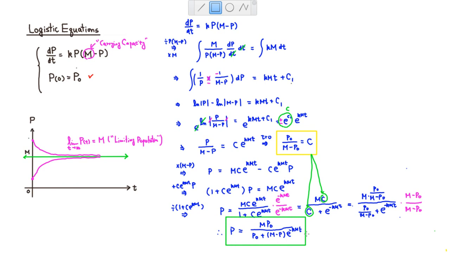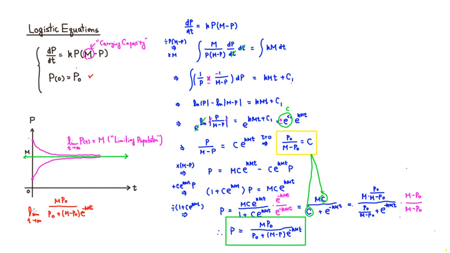And you can see the limiting population from this formula too. For example, let's take the limit of the function we just found, M P0 over P0 plus M minus P0 e to the negative kMt, as t approaches infinity.